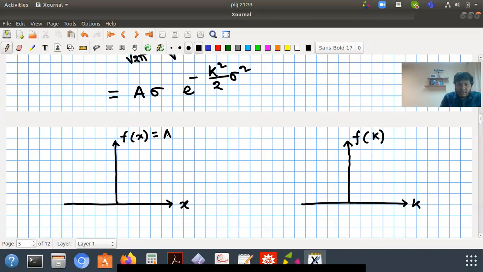It was a e to the power minus x square over 2 sigma square. When you draw this function, this was your a. I already discussed this part. The height of this distribution will be a, and the width of the distribution was sigma.